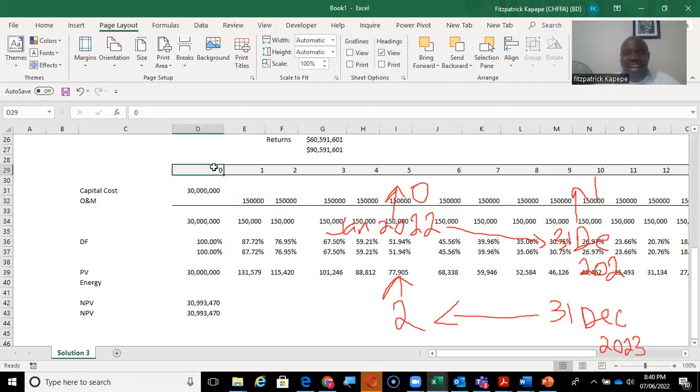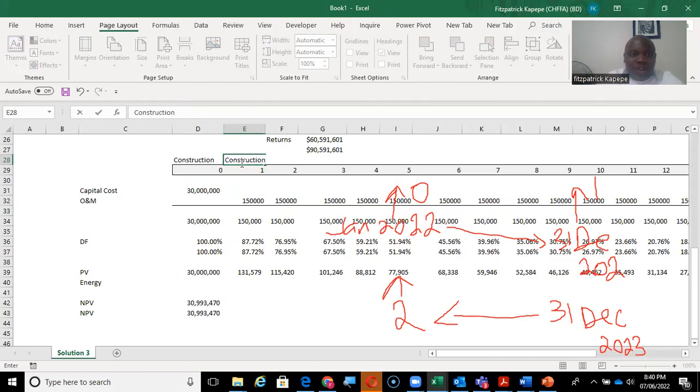Remember that this is now 31st December 2022. That is when you are done with your construction. So here, there's construction. There's also construction. Then operation starts from here. Who agrees with this logic?